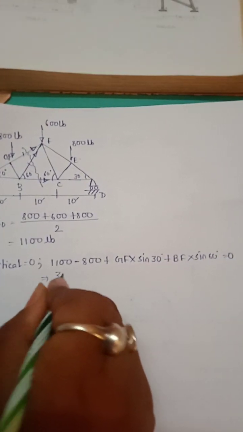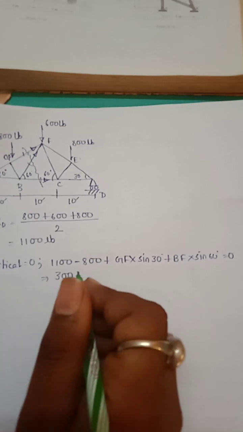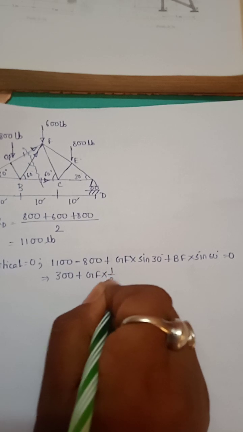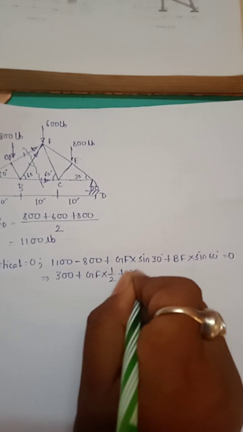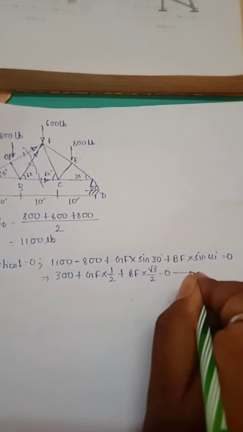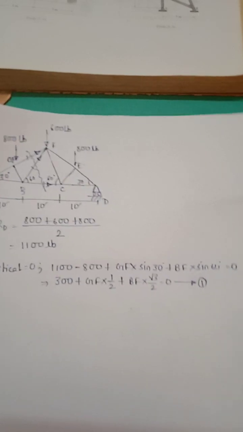That means 300 plus GF into half plus BF into root 3 by 2 is equal to 0. Equation number 1.